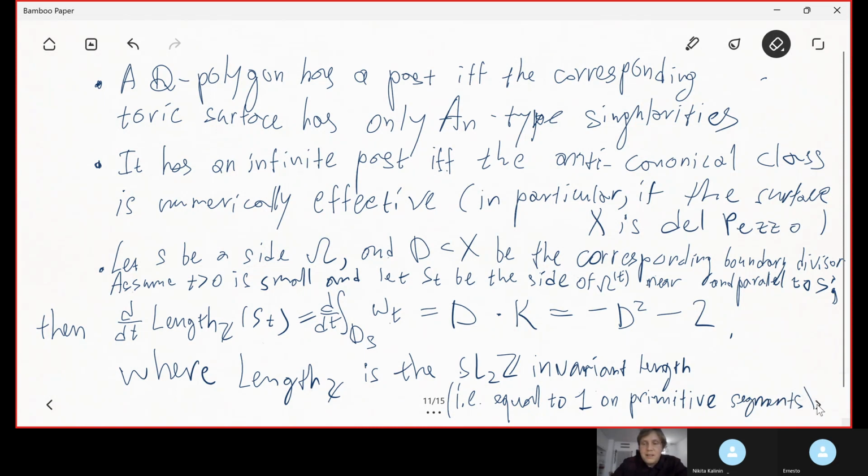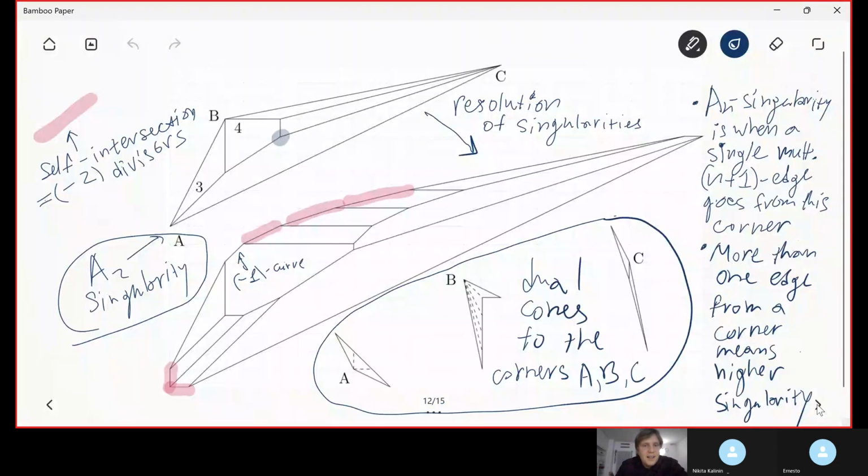You probably don't understand this from the formula, but let me show you the picture. That's the picture of the resolution of singularities. You start with the triangle above, and it has no past, very severely, because of the B and C corners, and it has two edges which are multiple, with multiplicities 3 and 4.